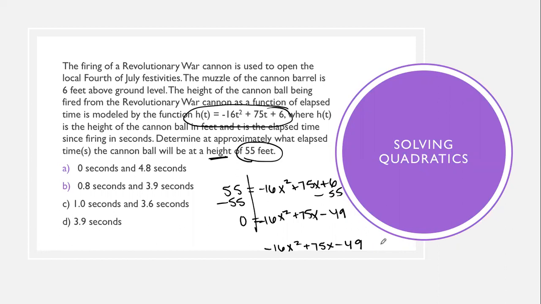So the reason we're looking for the zeros, Brandon, is because it says 0 equals all this. So I'm looking for where it hits the x-axis.